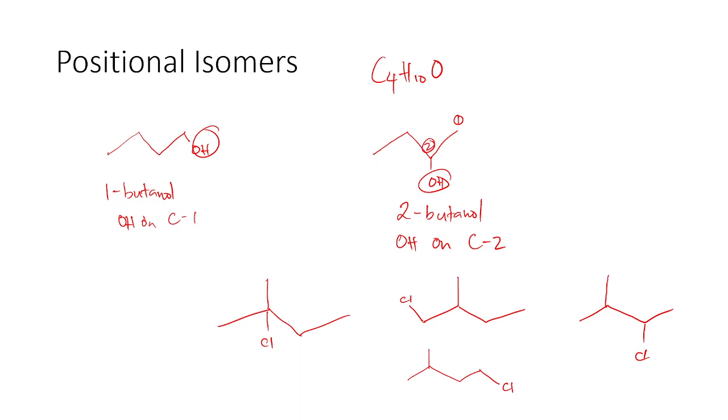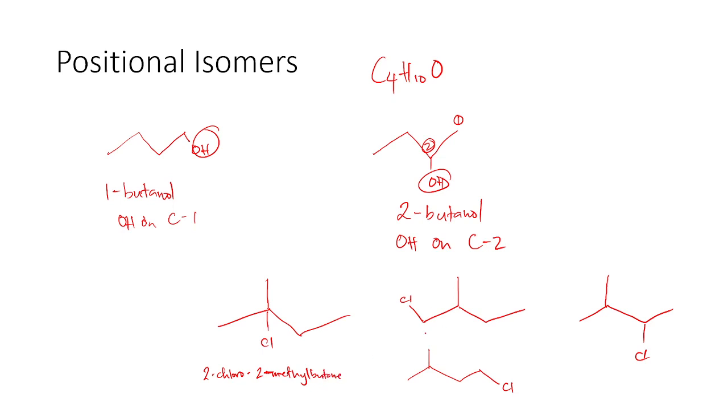So basically, these four are actually what we call other examples of our positional isomers, in which we have here our 2-chloro, 2-methyl butane.